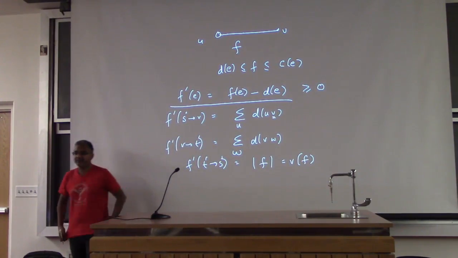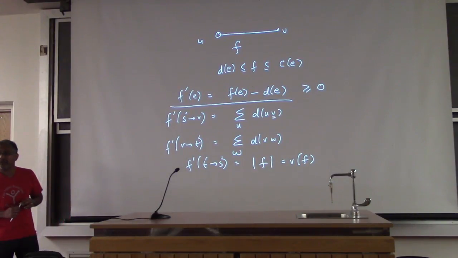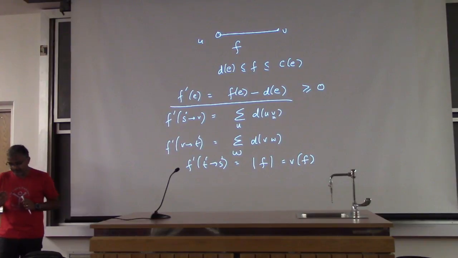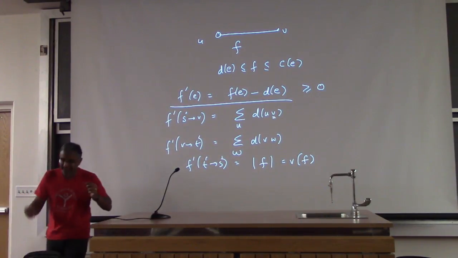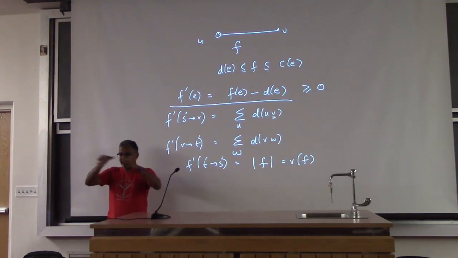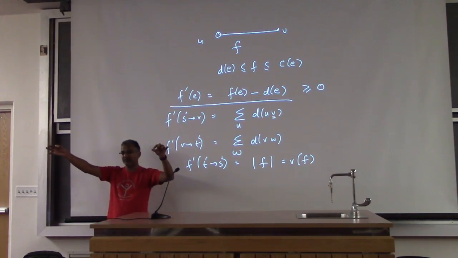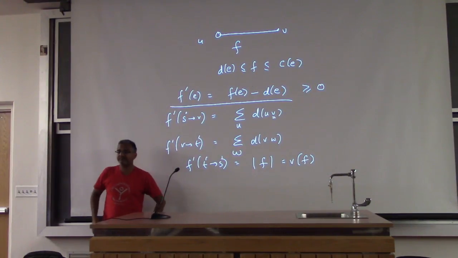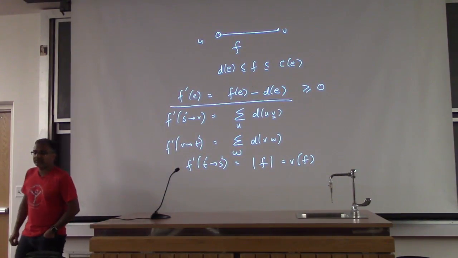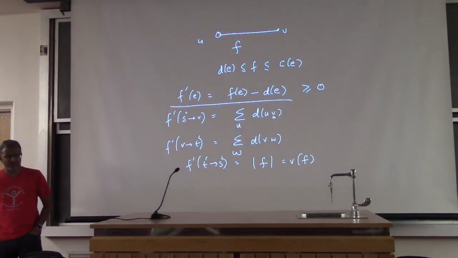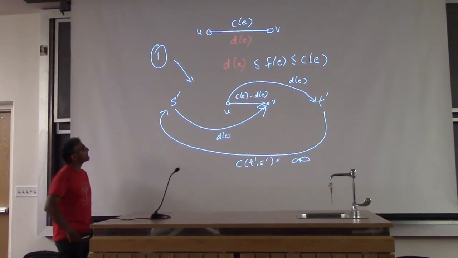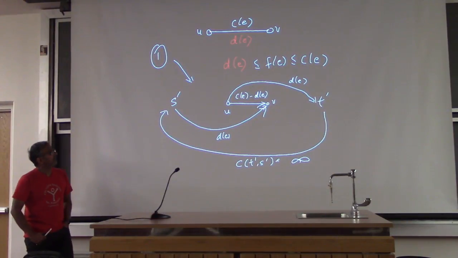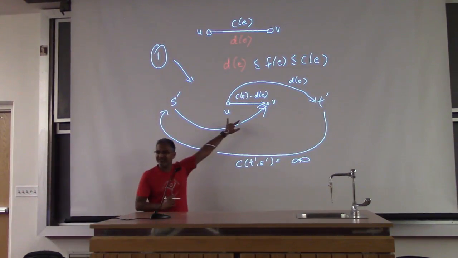So you modify the graph. V becomes sink. You're basically saying I'm adding a new source and sink, and I want to look at the flow from this new source to this new sink. But in your graph, everything goes to V, nothing comes out of V. No, but this is a particular edge.